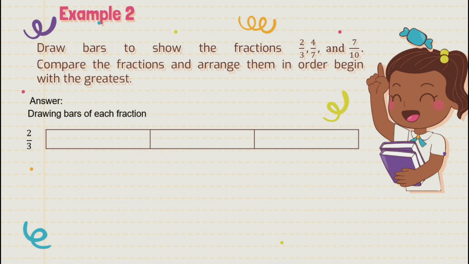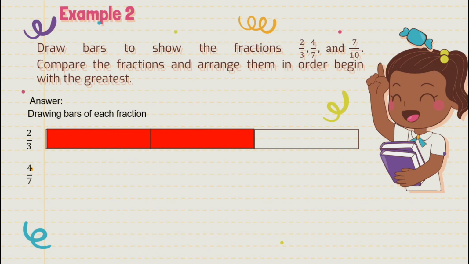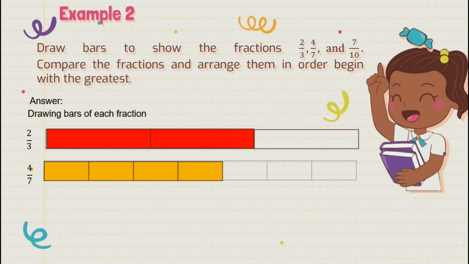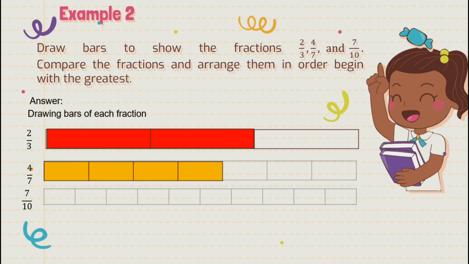We need to color or shade 2 parts out of 3 parts. 4/7. We need to shade or color 4 parts out of 7. 7/10. We need to color 7 parts out of 10.